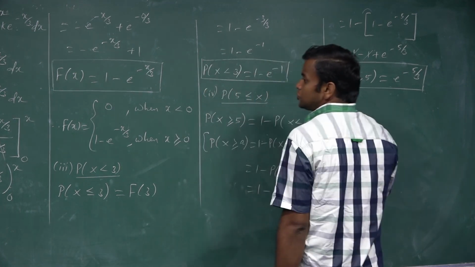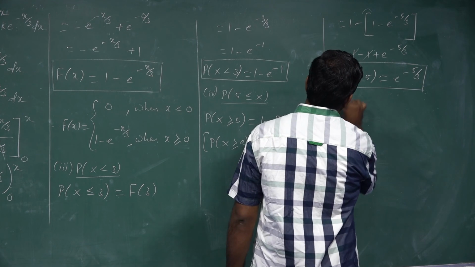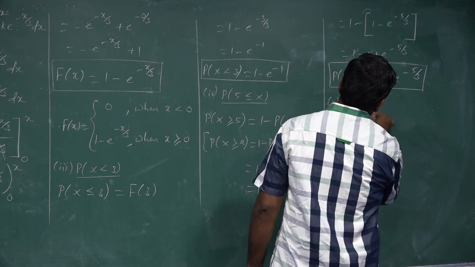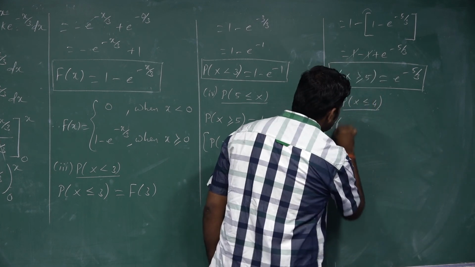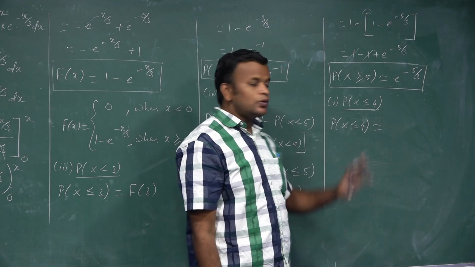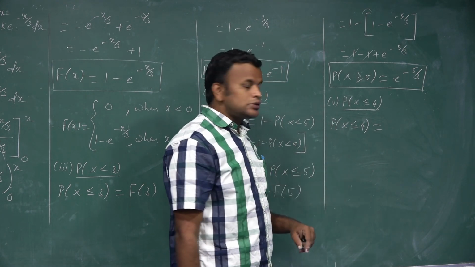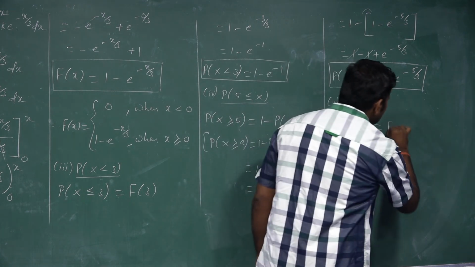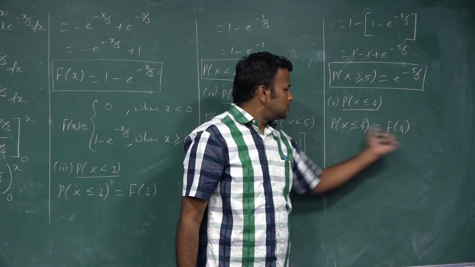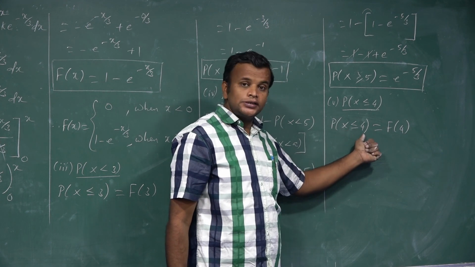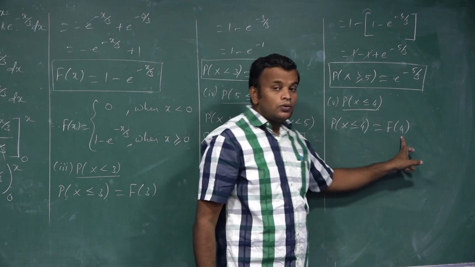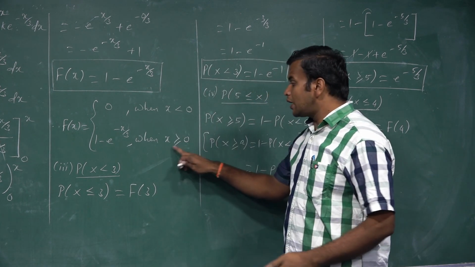Next, the fifth subdivision is P of x less than or equal to 4, which is a direct sum. We write P of x less than or equal to 4 as capital F of 4, using the symbol of capital F of x, P of capital X less than or equal to small x. The number 4 is greater than 0.